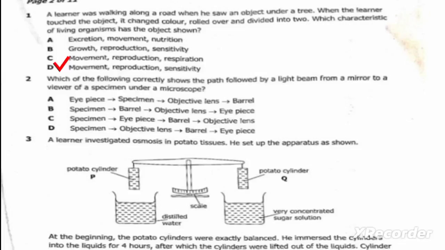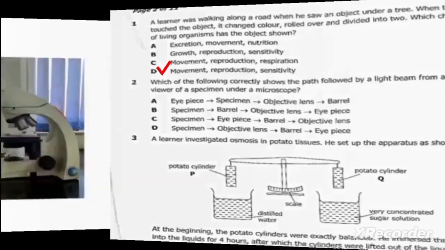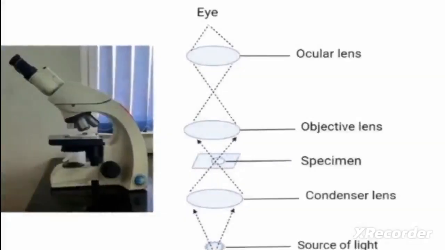Okay, so we are asked to give the correct path used by the light beam from the mirror to the viewer. We have some of the paths or routes used by the light here. You are free to pause the video and understand the information on the screen.